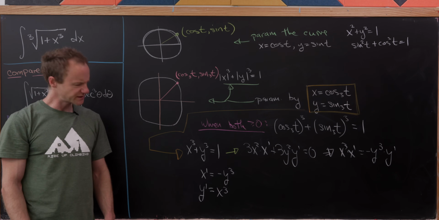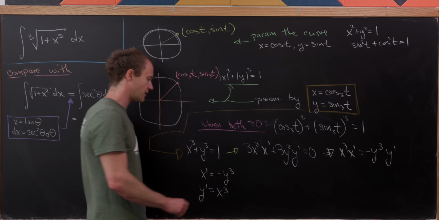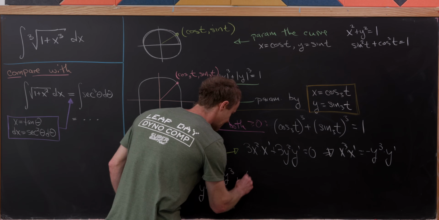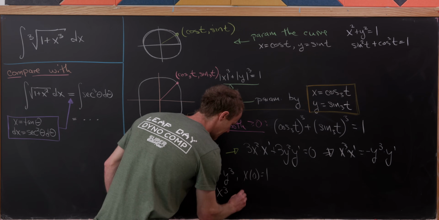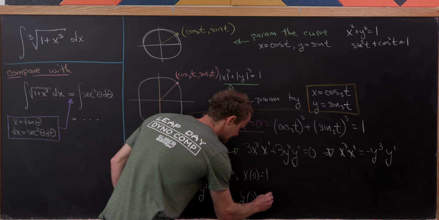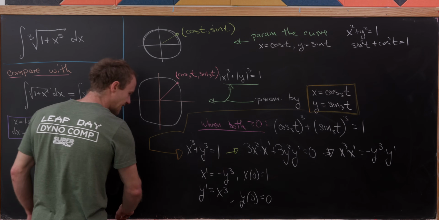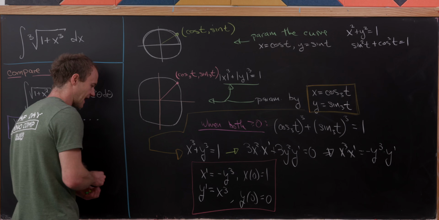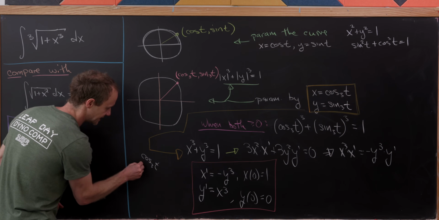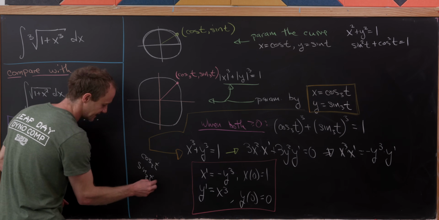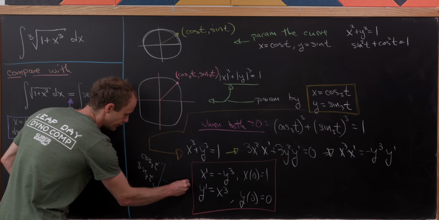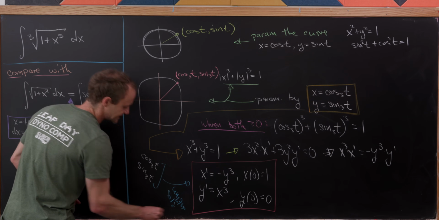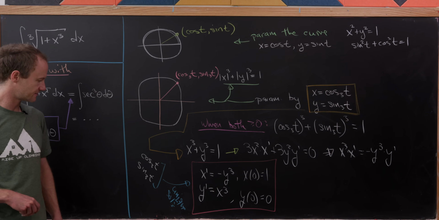Okay, but then also let's observe that we need some initial values, and motivated by the cosine of 0 and the sine of 0, let's say that x evaluated at 0 is 1, and y evaluated at 0 is 0. Now, let's put a box over here, and what we'll say is that our cos 3t and our sine 3t are the unique solutions to this system of differential equations.